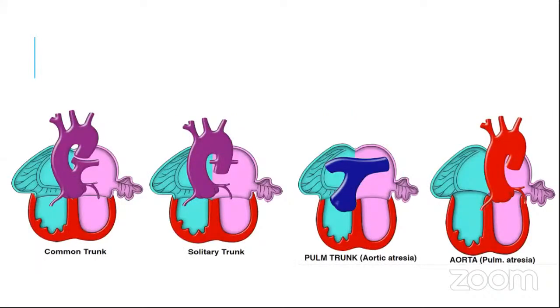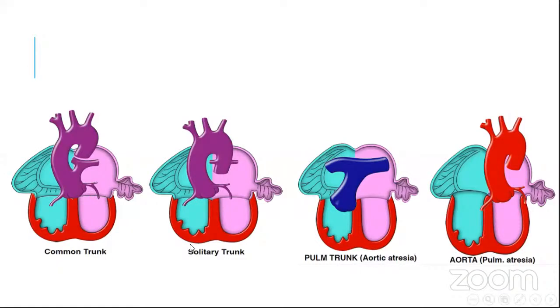So these are the different types of arterial trunks. We have the common trunk, which is one common arterial trunk, and the aortic as well as the pulmonary trunk take origin from this common arterial trunk, like truncus arteriosus.